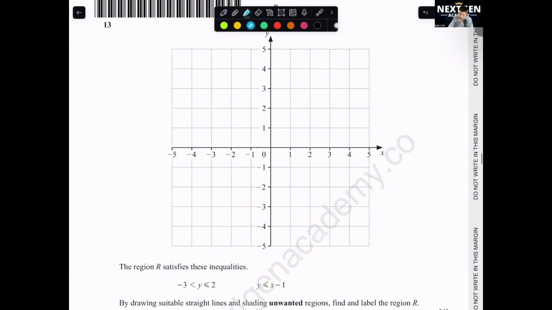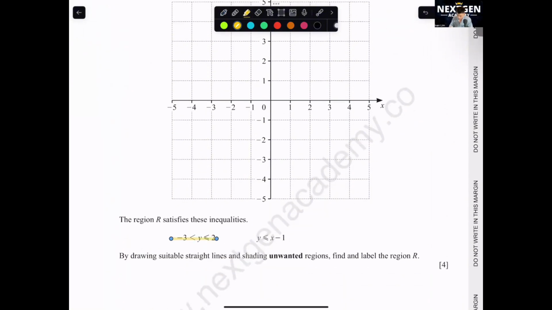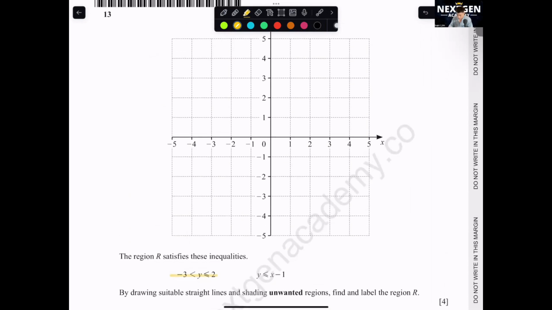Okay, let's start with the first one here. Minus 3 less than y less than equals to 2. Okay, when they present it like this, means we need to construct 2 equations out. The first one is y equals to negative 3. Then the other one is y equals to 2.